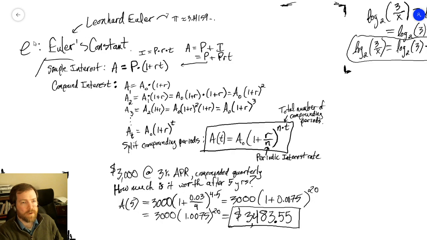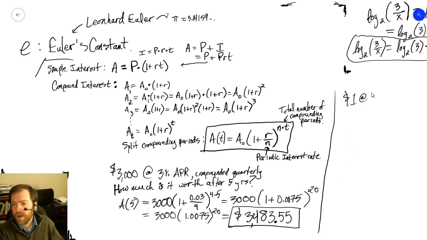All right, so Euler decided to look at this and say, well, what happens if we start increasing the n value here, like substantially? So he said, all right, let's just do a simple case. This is going to be $1 at 100% interest rate for 1 year.